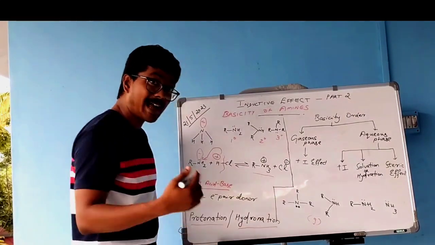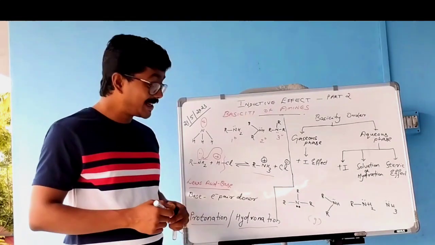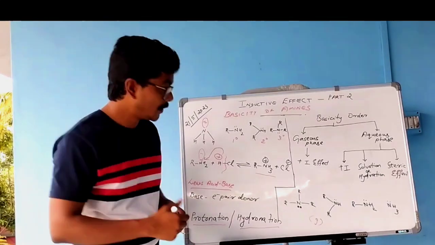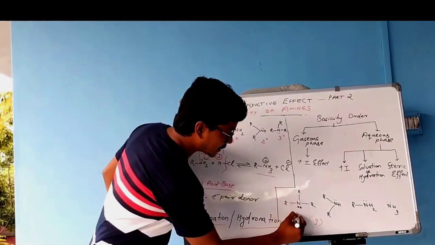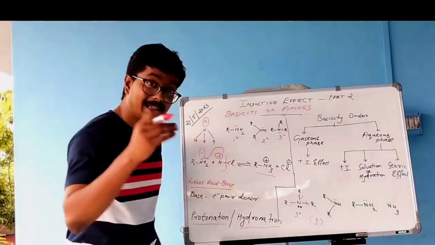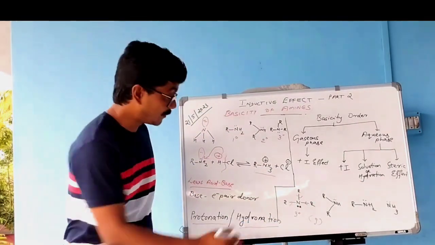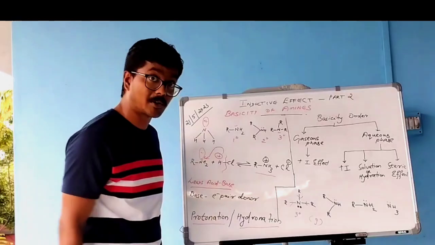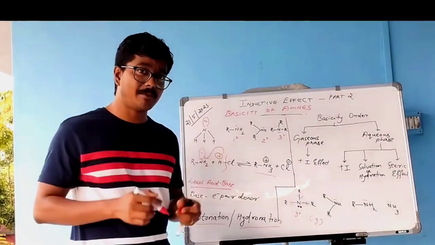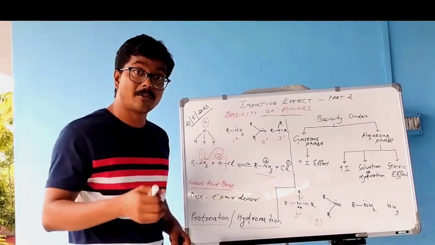The presence of alkyl groups, as you already understood in the previous class, is such that when the number of alkyl groups increases, plus effect also increases. In the case of a tertiary amine, the alkyl groups release electrons towards this nitrogen atom, which is already carrying a lone pair of electrons. So what happened? This lone pair of electrons is readily available for the protonation or the electrophile to attack.